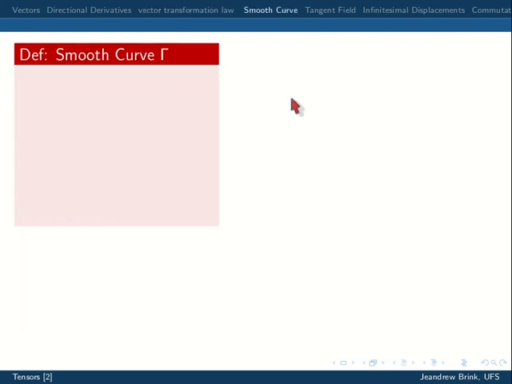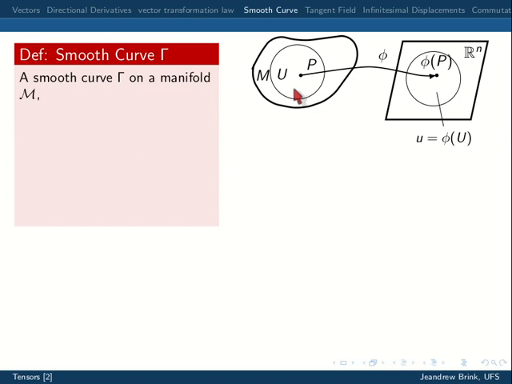And so what we're going to do is again start with our idea of a manifold, the open set with a chart. And we're going to define what a smooth curve is on the manifold. So our smooth curve is a C infinity map of R or an interval onto M. So remember when we defined the vectors, we said we want to operate on all the functions that map from the manifold to the reals.